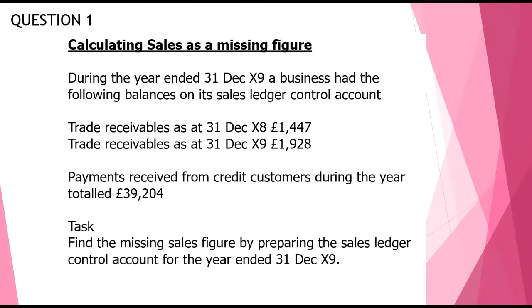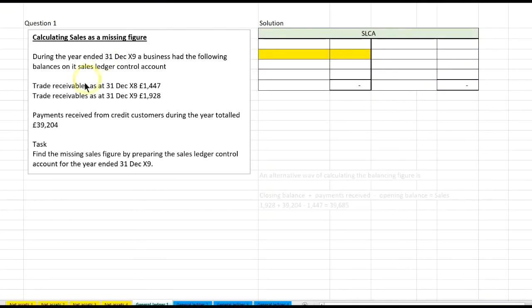Here's question 1. You may wish to pause the video while you absorb the information. In this question, we're being asked to find a missing sales figure by preparing a sales ledger control account.